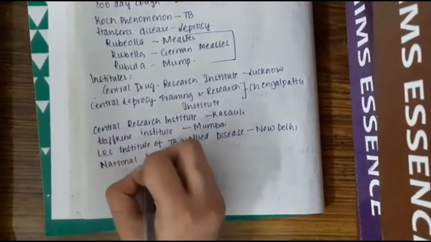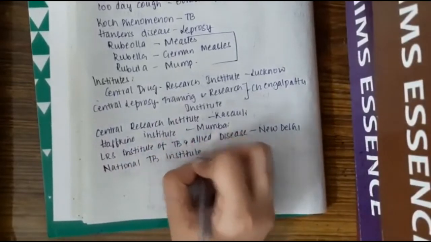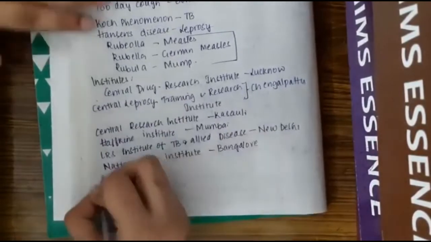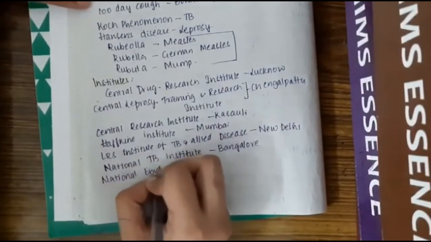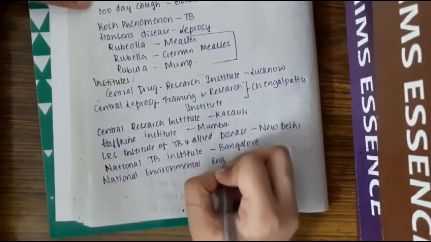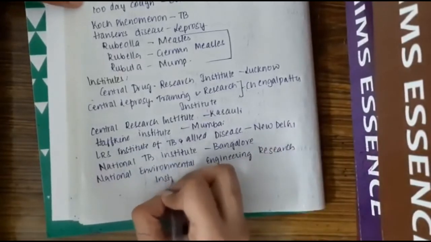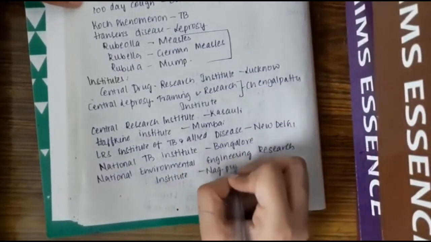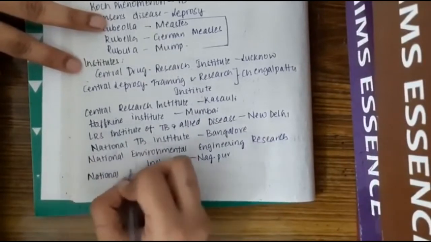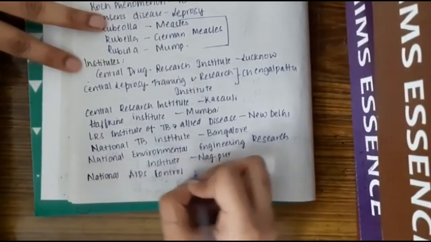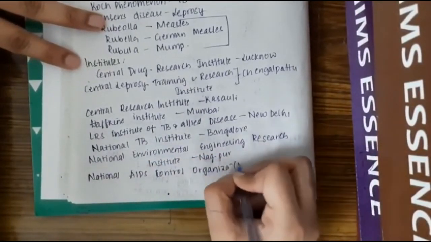National TB Institute is located at Bangalore. National Environmental Engineering Research Institute is located at Nagpur. National AIDS Control Organisation, NACO, is located at New Delhi.